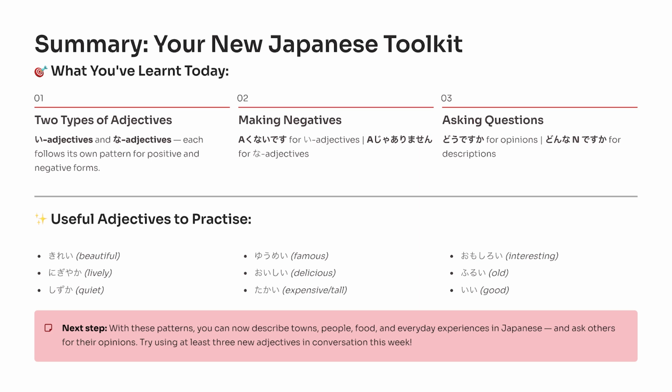As practice, try describing your hometown, your favorite restaurant, or a friend using some of the adjectives you've learned today. You can also ask questions like この街はどうですか or どんな人ですか. The more you use these patterns, the more natural they will become.